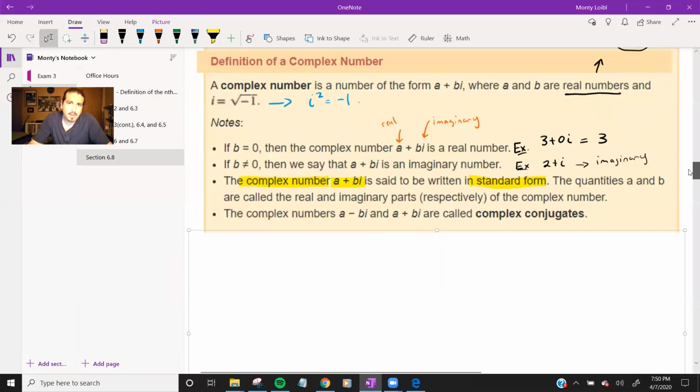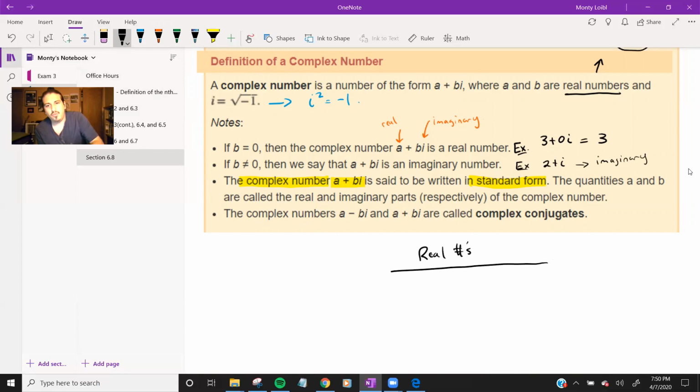What's kind of interesting about complex numbers is, remember when we talked about the real numbers? The real numbers were broken up into two separate categories. They were broken up into the irrational and rational, right?